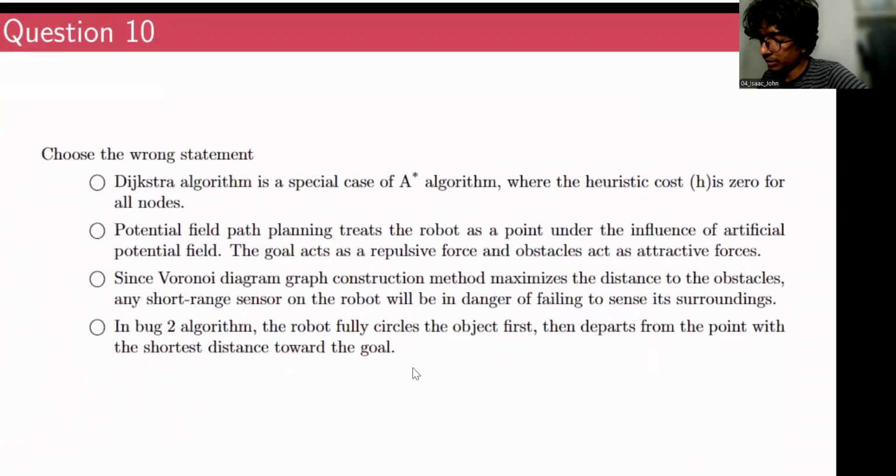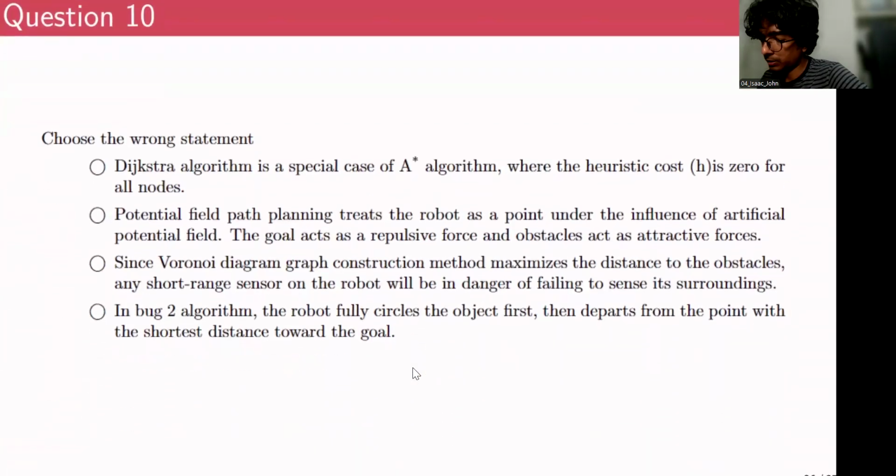And for the final question, choose the wrong statement. The first statement is Dijkstra algorithm is a special class of A-star algorithm where the heuristic cost is 0 for all nodes. That is indeed true. The second option is potential field path planning treats the robot as a point under the influence of artificial potential field.